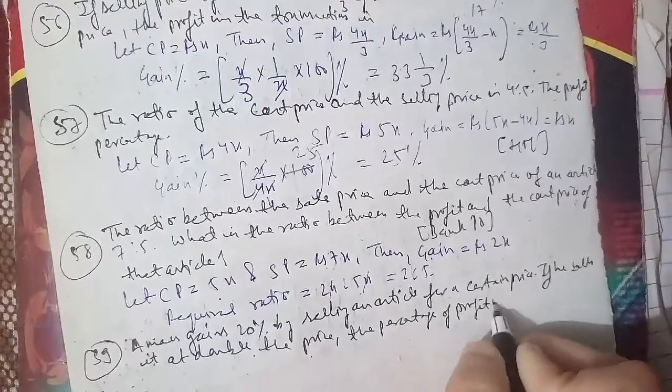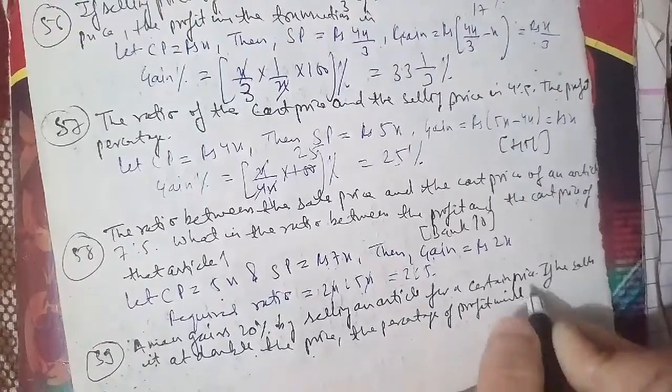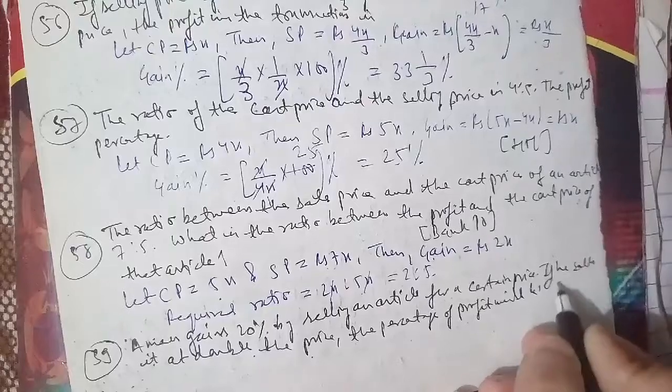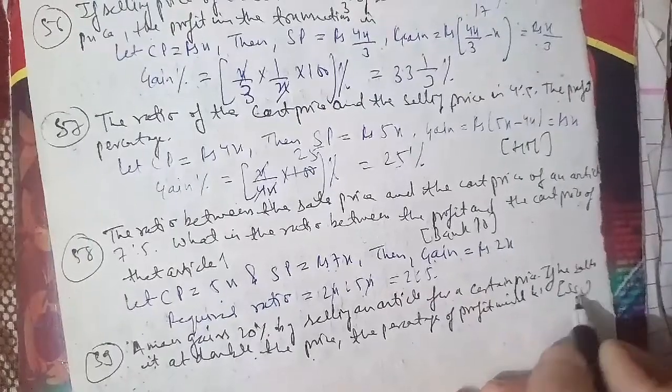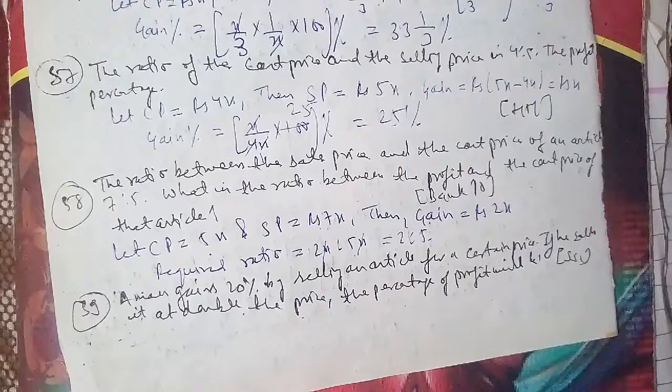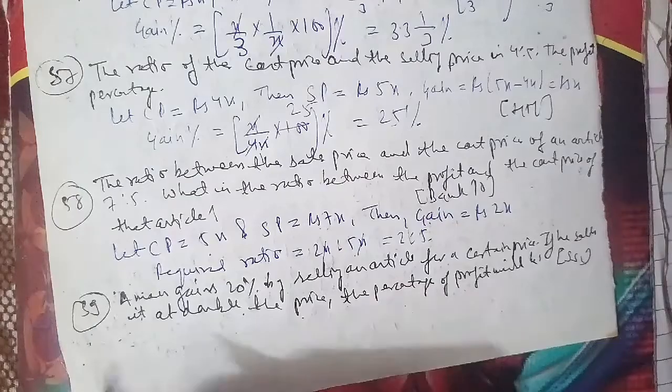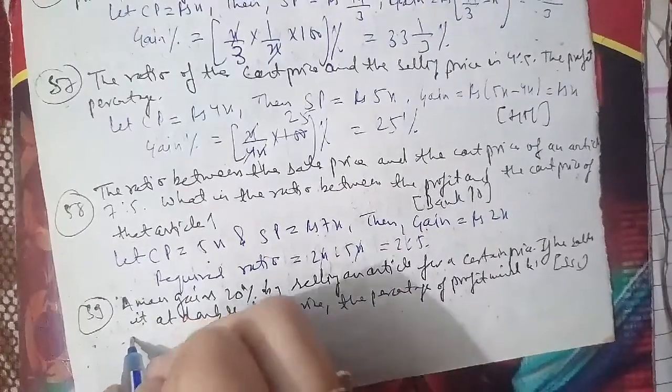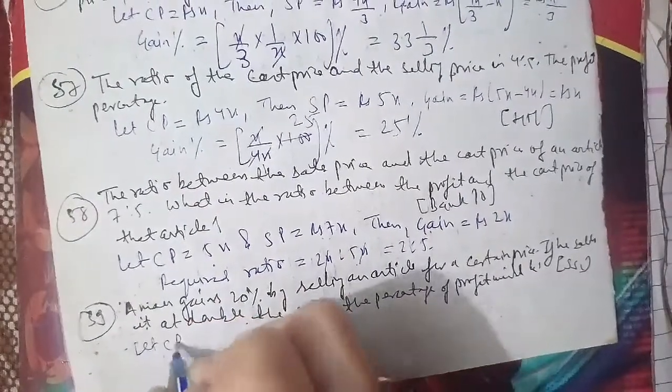So let CP equal rupees X. Then SP equals rupees 120% of X, which equals rupees 6x upon 5.